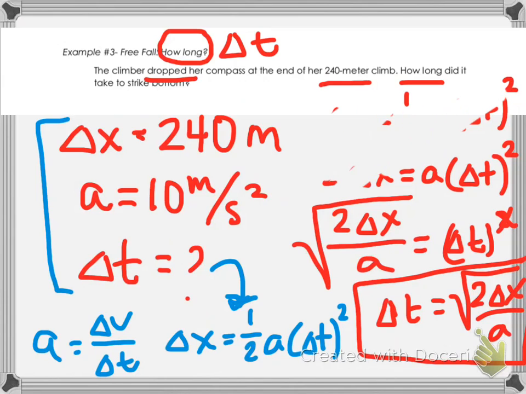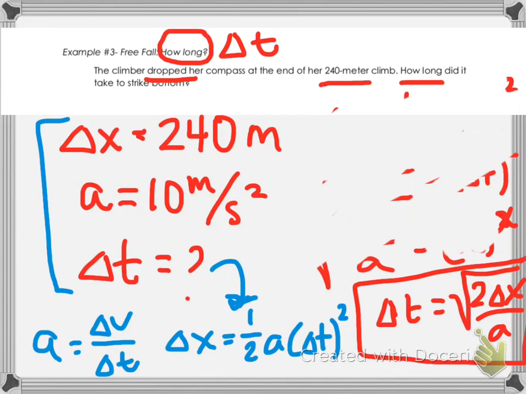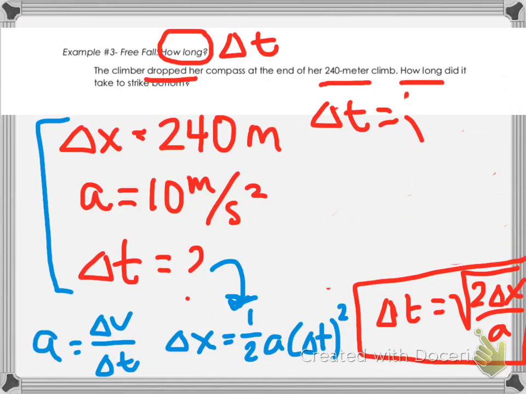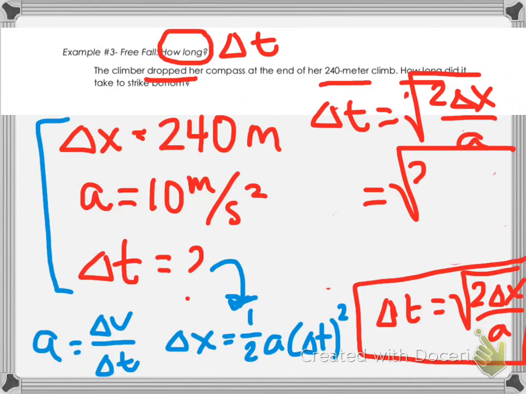So now let's start with that equation up at the top of the page. Delta t equals square root of 2 times delta x over a. So that equals 2 times 240 divided by 10.